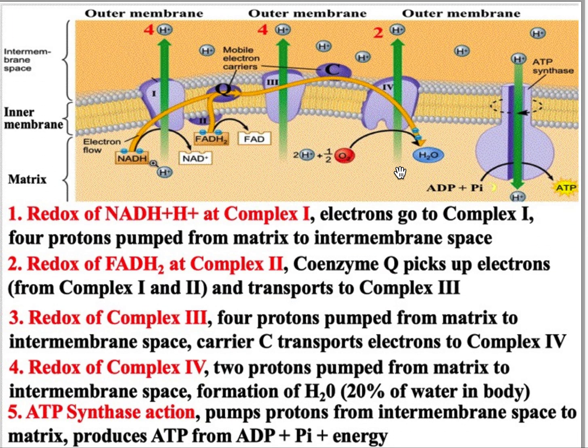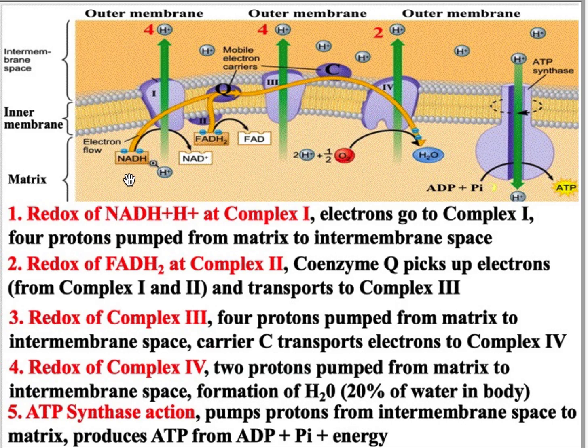Here is the very simplified image of the electron transport chain. This is the intermembrane space, this is the matrix, and this is the inner membrane of the mitochondria. This is complex 1, 2, 3, 4, this is ubiquinone Q, this is cytochrome C, and this is ATP synthase. The concentration of protons is higher in the intermembrane space than in the matrix.